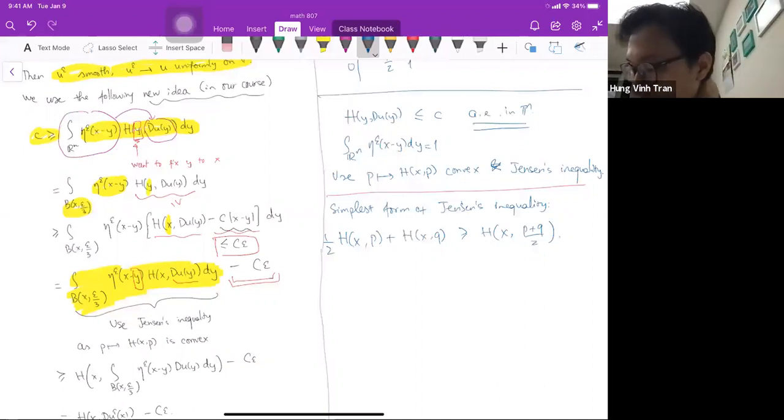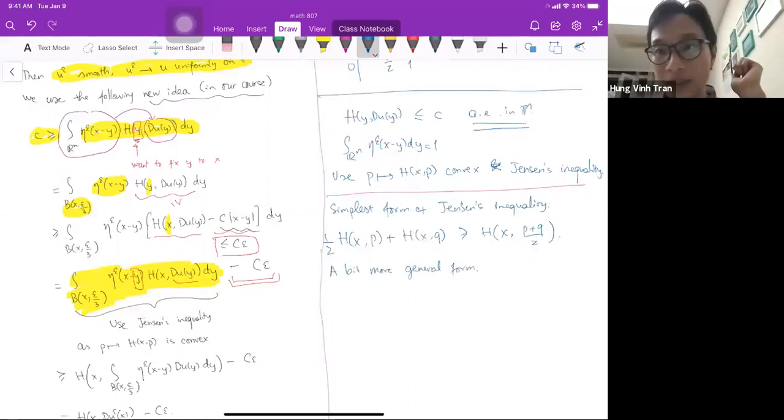And a bit more general form is that if you take any convex combination, it's going to be greater than h of that convex combination.